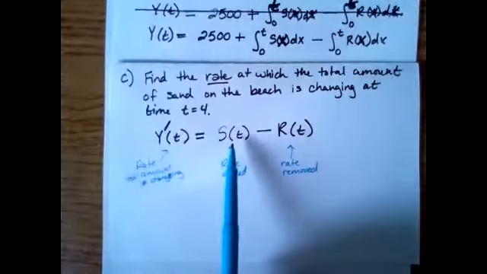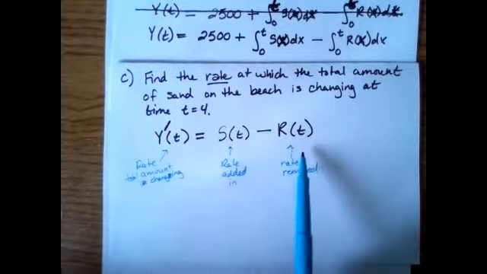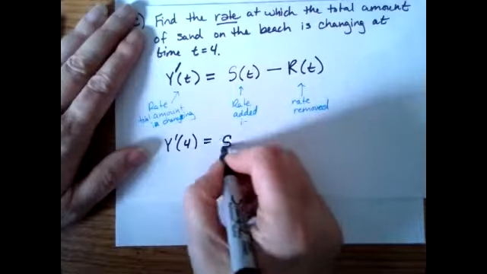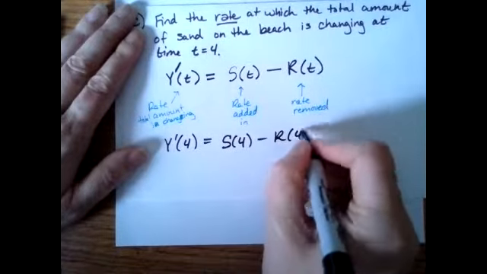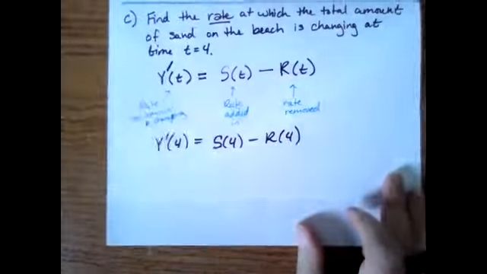So that makes sense to me. If I take the rate it's coming in and subtract the rate it's moving out, then that gives me an overall rate of change. So they want to know specifically at time 4. So we will just evaluate this function, y prime at 4, by doing s at 4 minus r at 4.